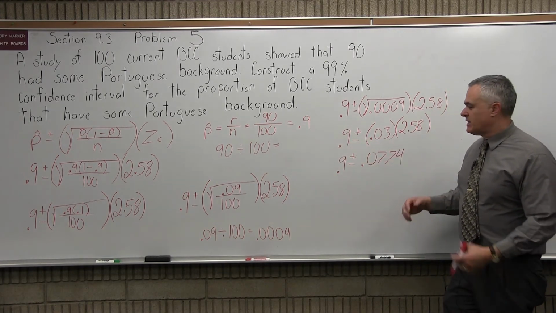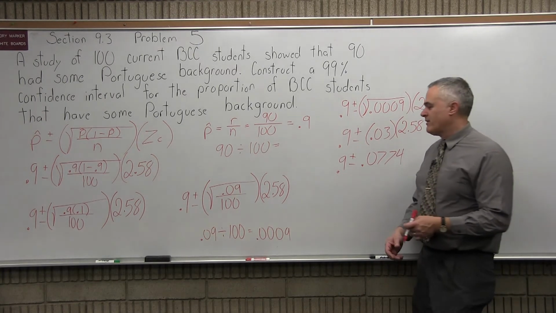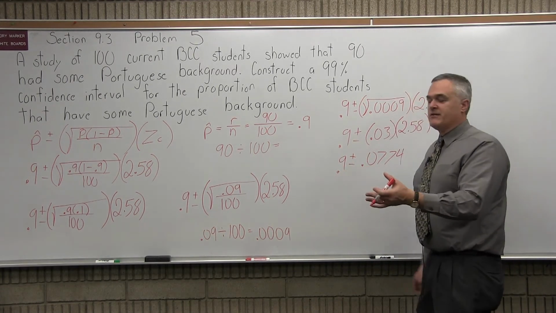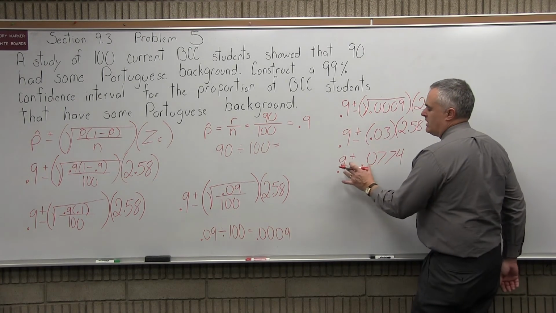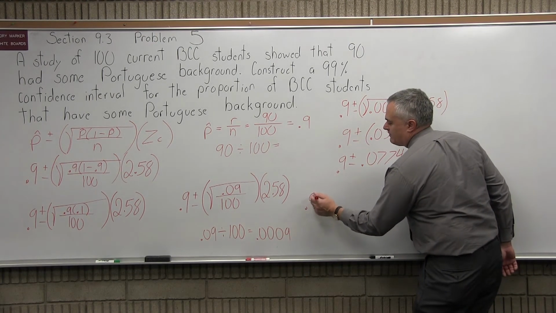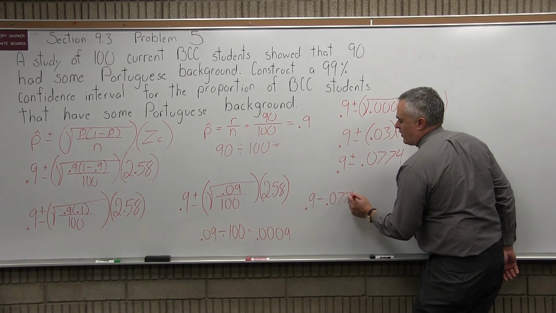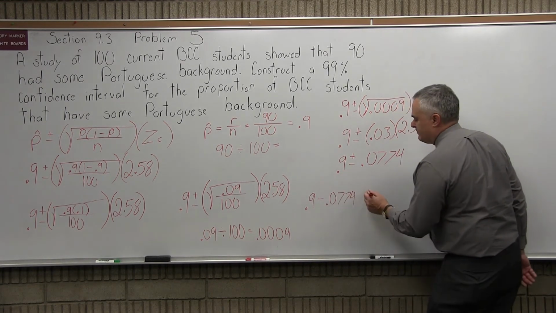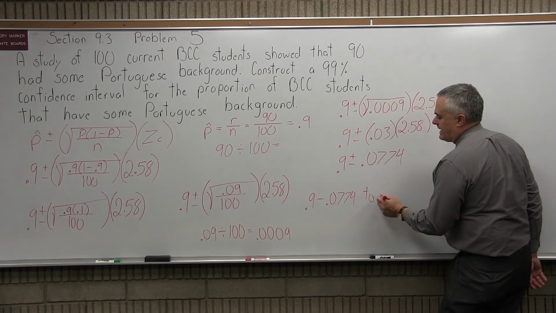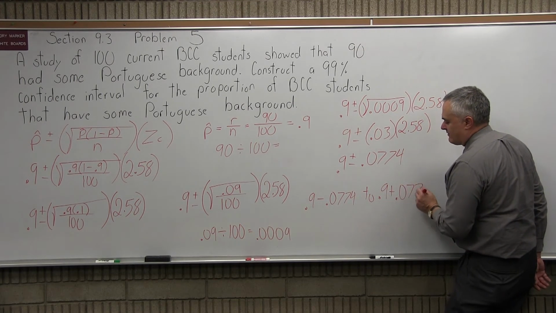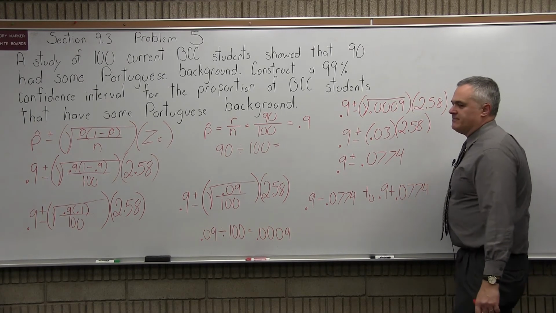Now, I finally have one number after the plus and minus, so I can split this into a separate minus and a separate plus to get the low end and the high end of my confidence interval. So for the minus, I usually write the minus first on the left. You can write it in the other order. So I'm going to do 0.9 minus 0.0774. That's going to be the lower end of my interval. To 0.9 plus 0.0774. The same two numbers, but with a plus sign.